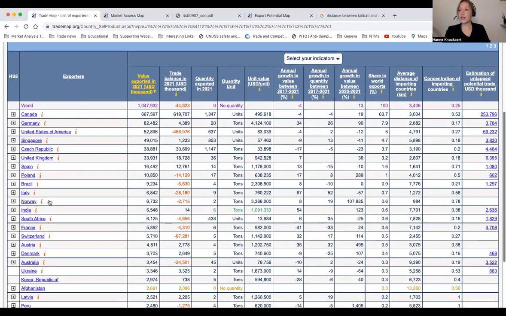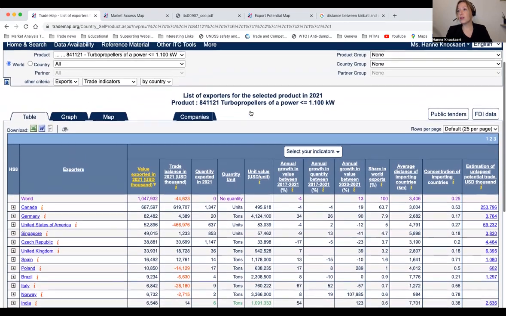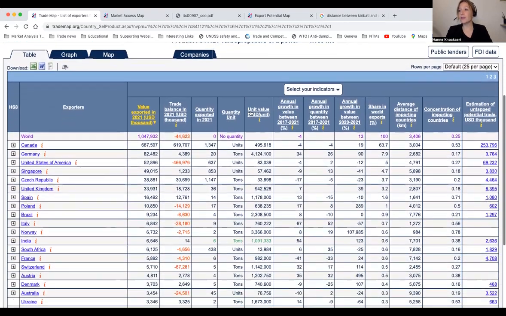So here we see that Canada is the largest exporter, followed by Germany, the US, and this whole table is similarly set up as the one we were looking at before, but now at a global view of exports of this product.